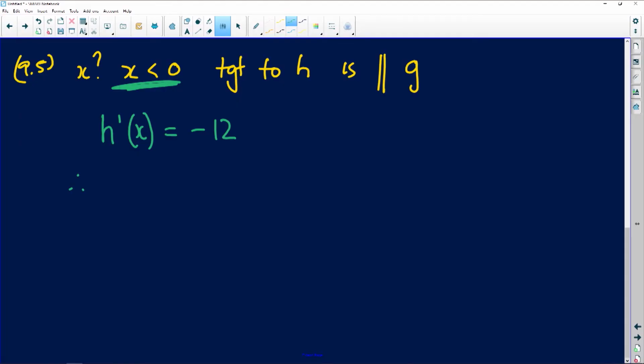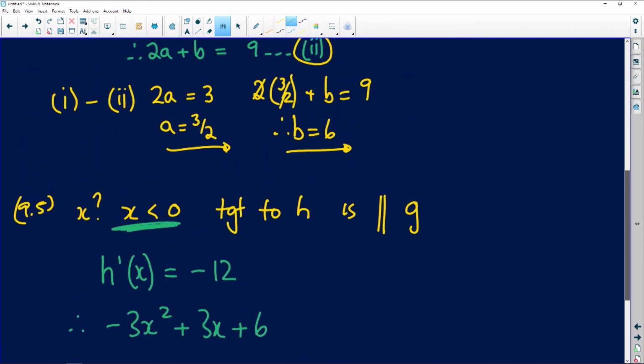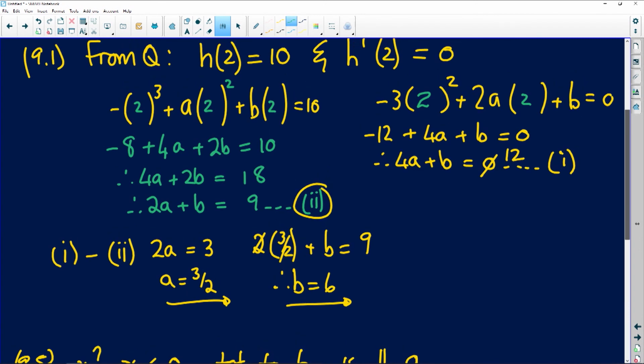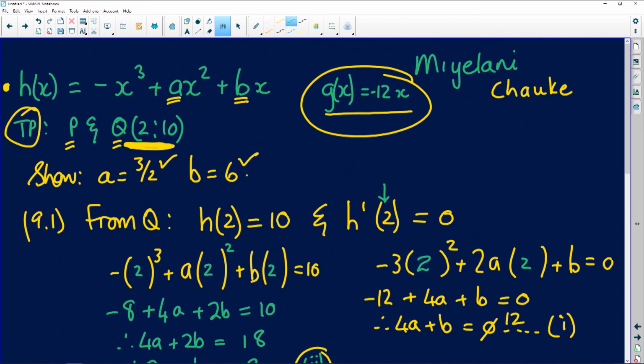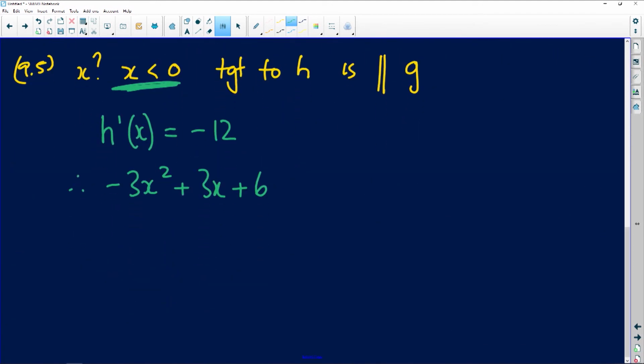Remember our function, our initial function needs a derivative. So it's minus 3x squared plus the 3x plus 6. Remember, all I'm doing is I'm taking this function here and I'm substituting a with 3 over 2 and b with 6, and I'm differentiating it. And that has got to be equal to minus 12.